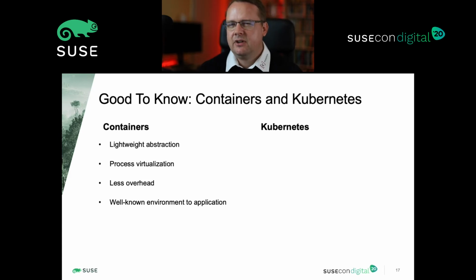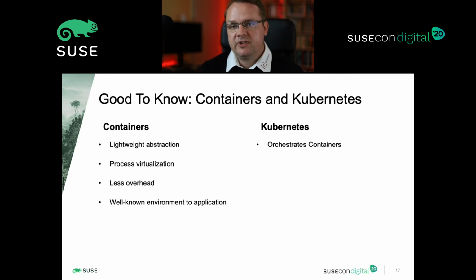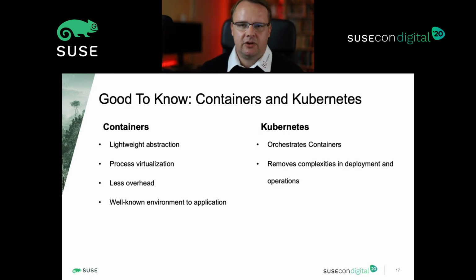And that gives you a lot of challenges because you need to operate them, right? That is where Kubernetes comes into the game and proves its value, because Kubernetes orchestrates containers. So it takes away all the complexity in regard to deployment and operations.